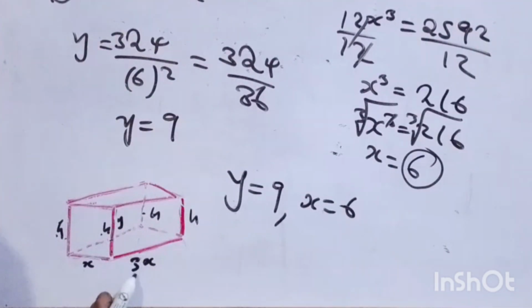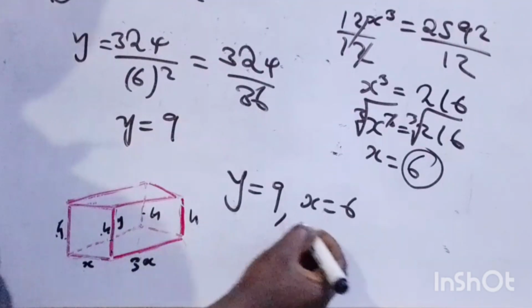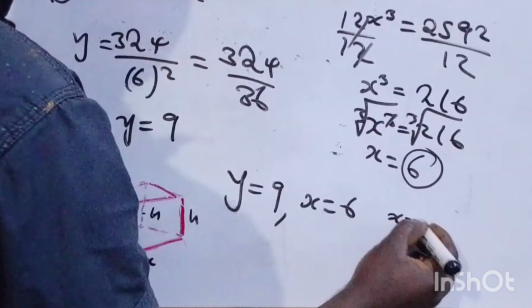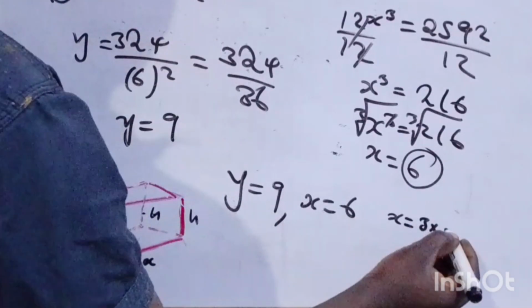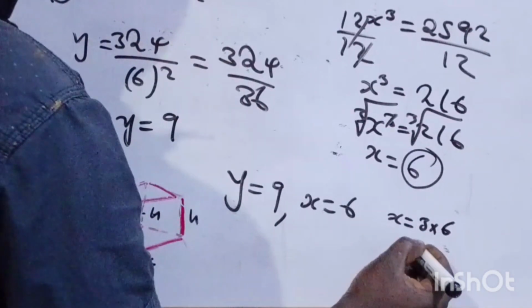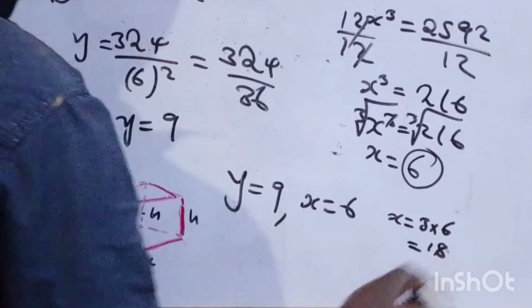Since here we have 3x, the dimension of this one will be 3 times x, where you substitute x with this 6 here, in which it will be equals to 18.